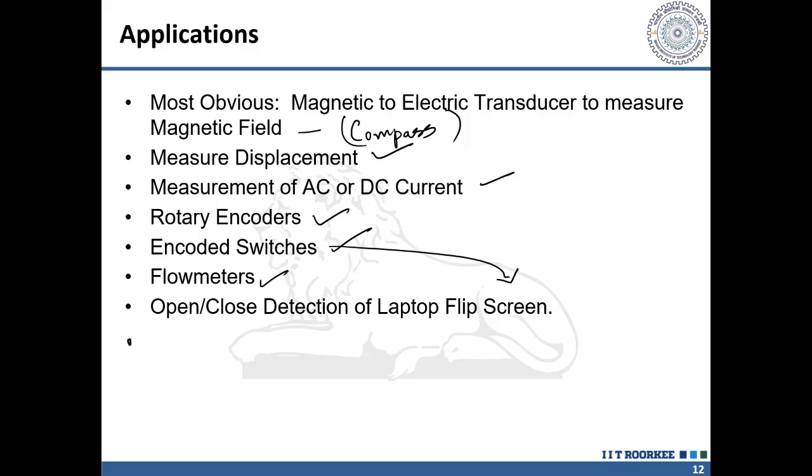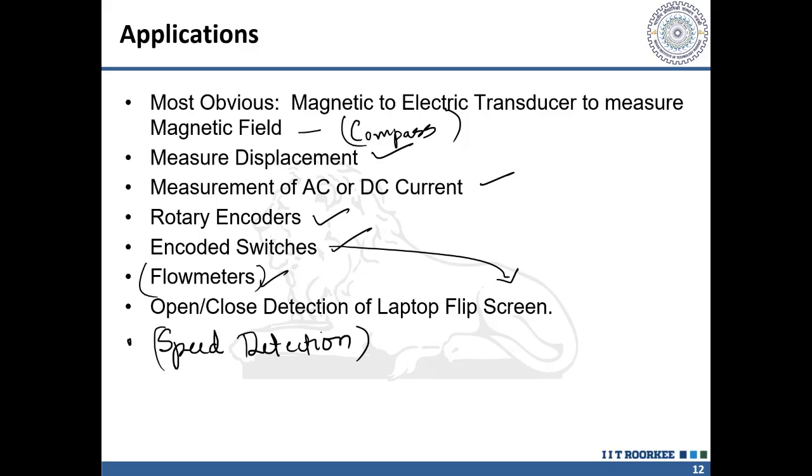And then there is a flow meter. Now that I mentioned flow meters, I would also mention speed detection. So basically, we can use this thing, Hall effect sensor, to detect speed as such, more like a rotor.